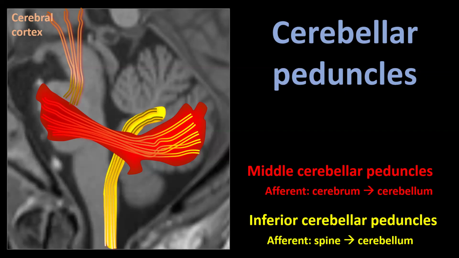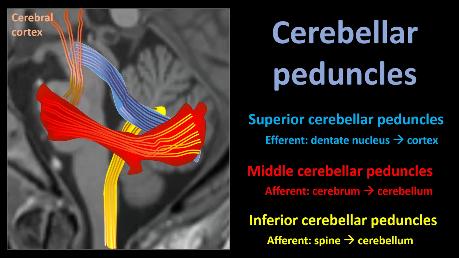Then we also have another highway, a bit smaller, the inferior cerebellar peduncles. This is basically sensory information coming from the spine, and this sensory information is relayed from the spine into the cerebellum through the inferior cerebellar peduncles. Then we also have an output system, the superior cerebellar peduncles.